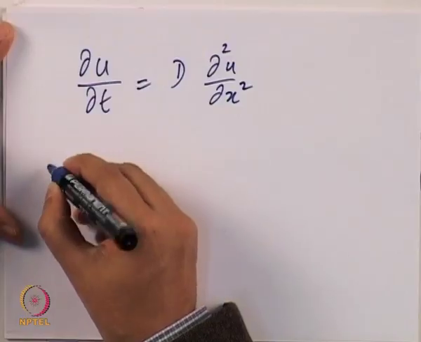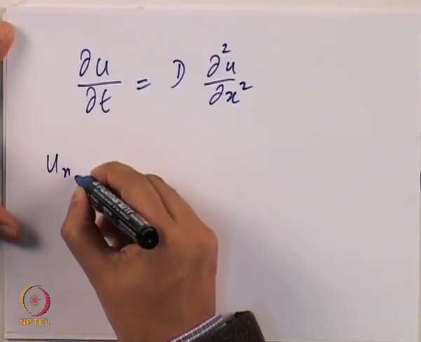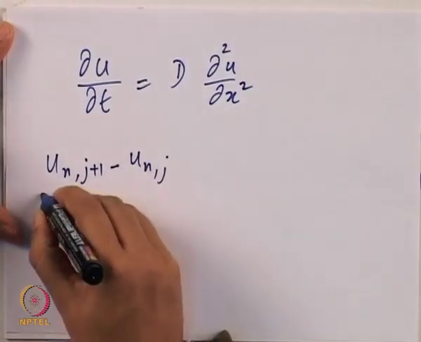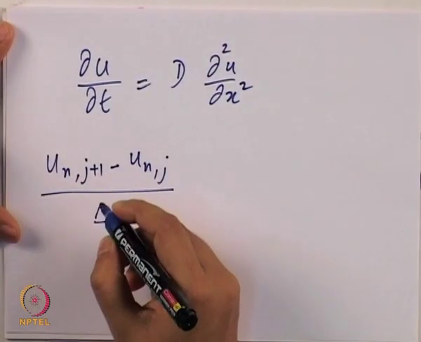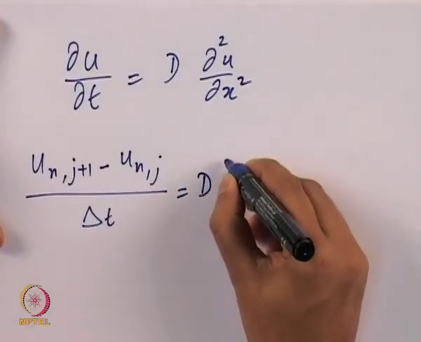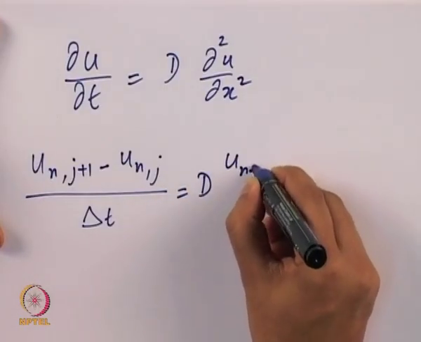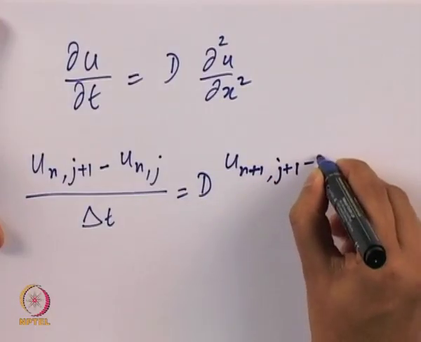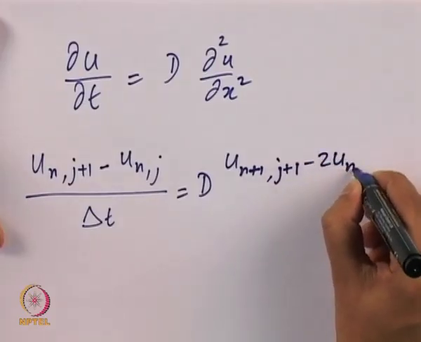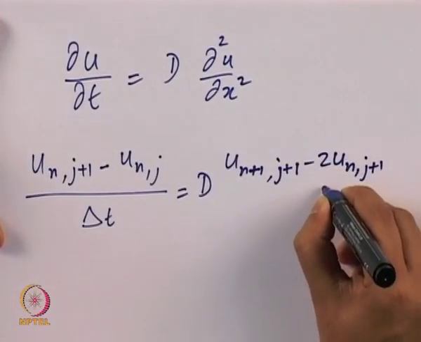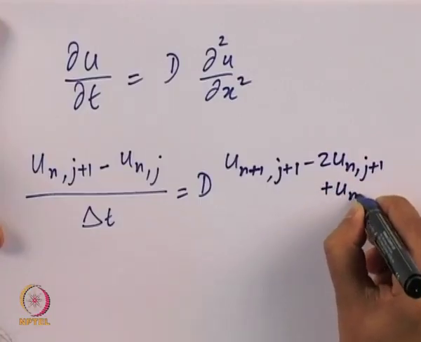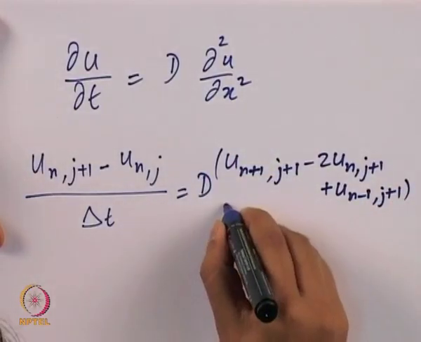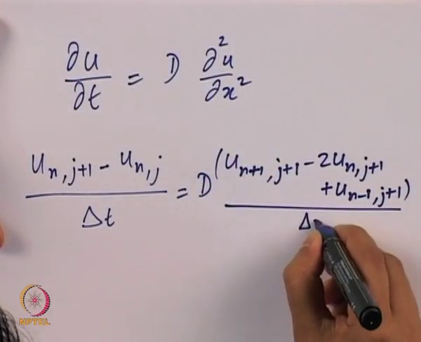So we are going to do u of n comma j plus 1 minus u of n comma j divided by delta t is equal to d times u of n plus 1 comma j plus 1 minus 2 u of n comma j plus 1 plus u of n minus 1 comma j plus 1, which is going to be the numerator, and we are going to divide it by delta x square.